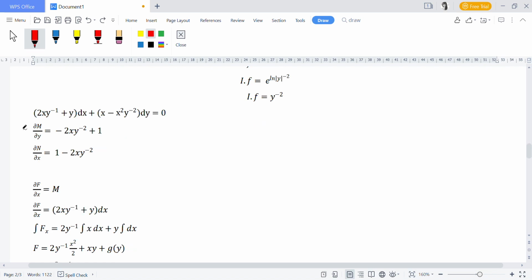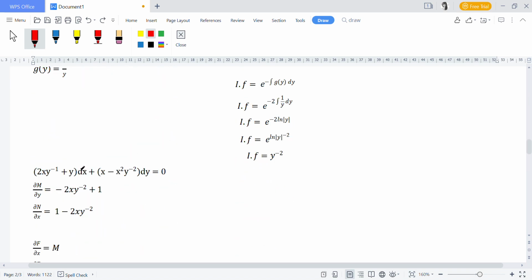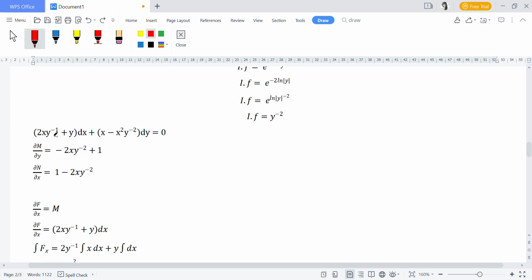So we will now have our new equation, 2xy raised to negative 1, since y to the exponent 1 times y to negative 2 gives y raised to negative 1, plus y. So the exponent of y is simply 1.